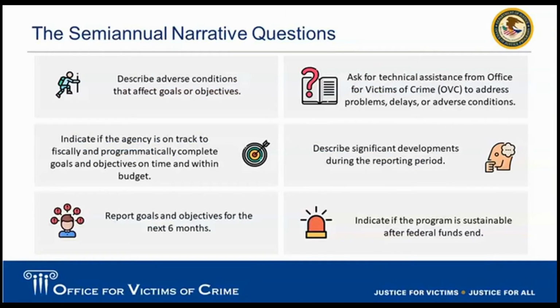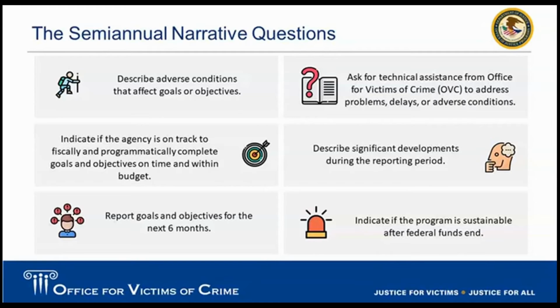Think about performance management and being able to explain to your grant manager how you are managing your award and how you are following up with what the numbers mean in those quarterly reporting data that you're submitting to OVC. They ask you if you are on track or to talk about your goals and objectives, to really highlight where you are in your award and how far along you are, or if you're ahead or behind. Be sure to be honest and transparent.